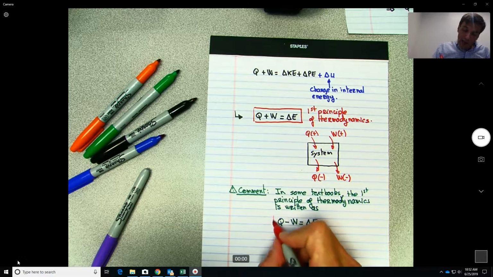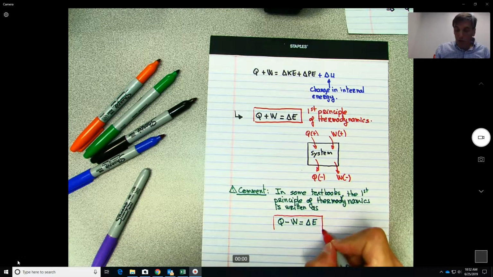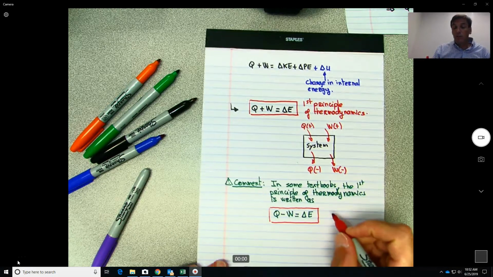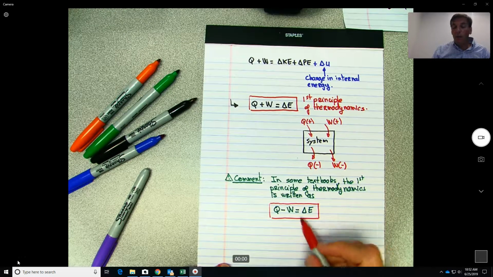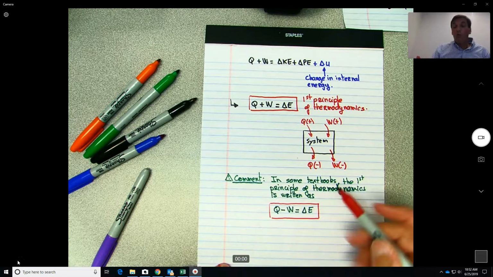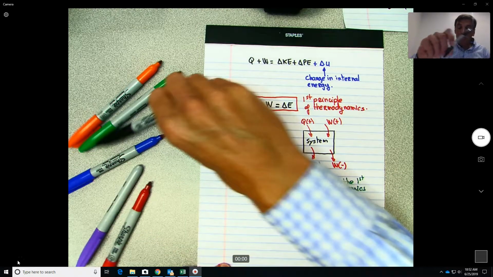Okay, and just because your textbook uses this notation, this is the one I'm going to use from now on. So I'm going to tell you why they do this. It's very easy to understand.